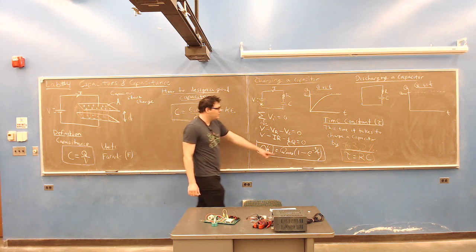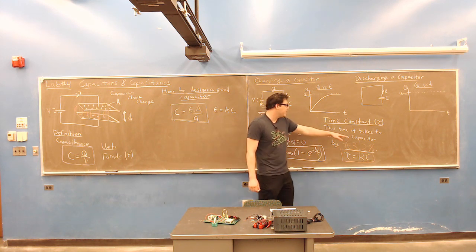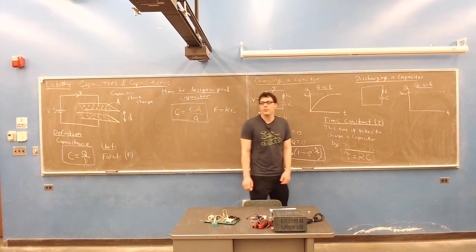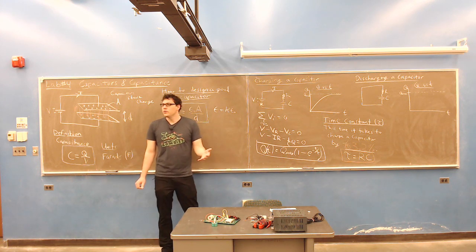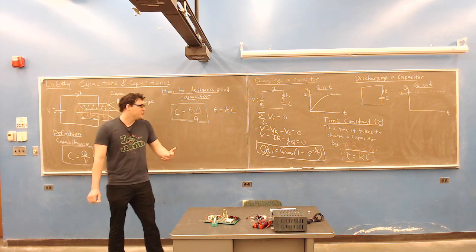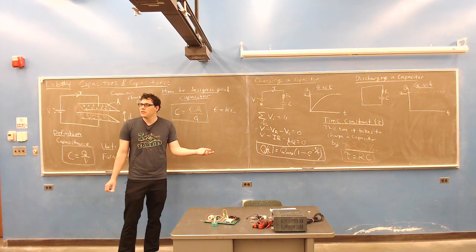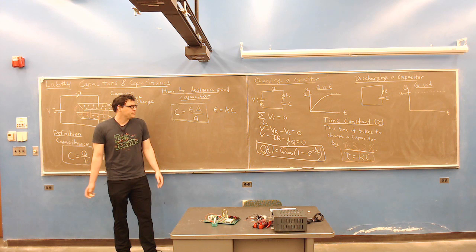All right, so the time constant here, tau, is the time it takes to charge the capacitor by 63.2%. So it's a measure of how long it takes to charge a capacitor. So you could say after 2 or 3 time constants, it's basically fully charged.